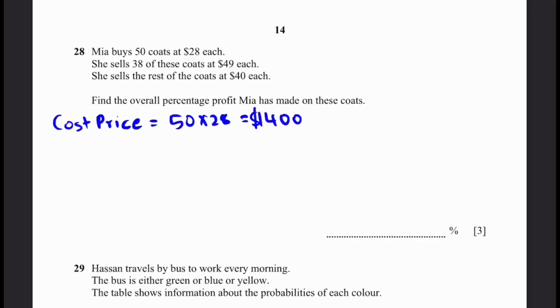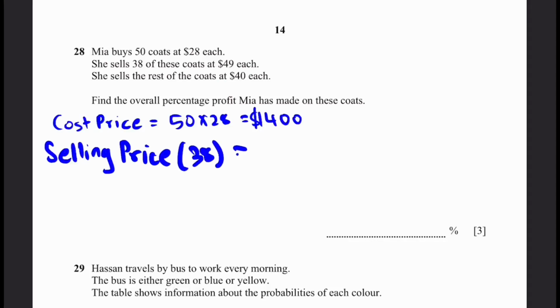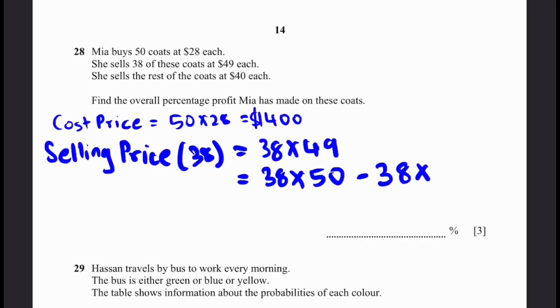Next, she sells 38 of these coats at $49 each. So the selling price of 38 is equal to 38 into 49. And here I'll just show you a handy math trick. It's 38 multiplied by 50 minus 38 multiplied by 1, which is equal to 1,900 minus 38.